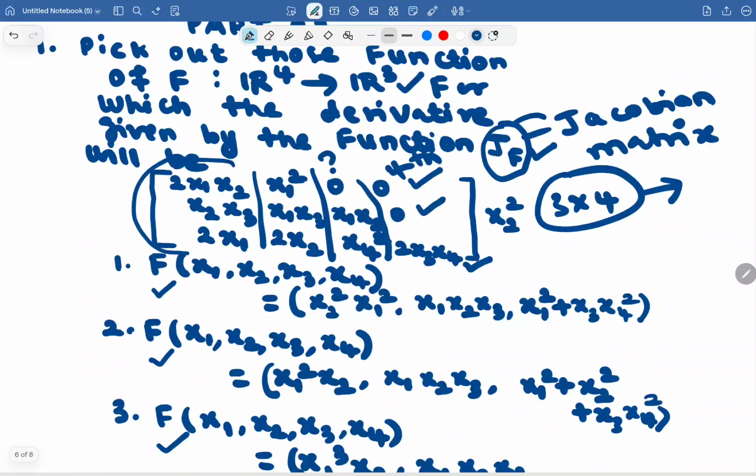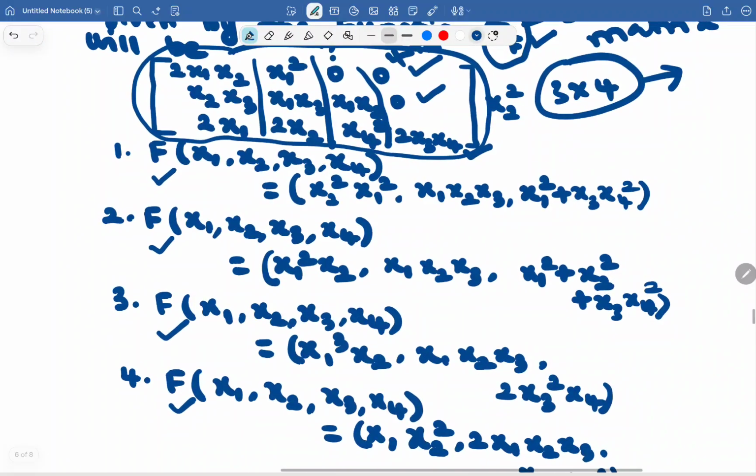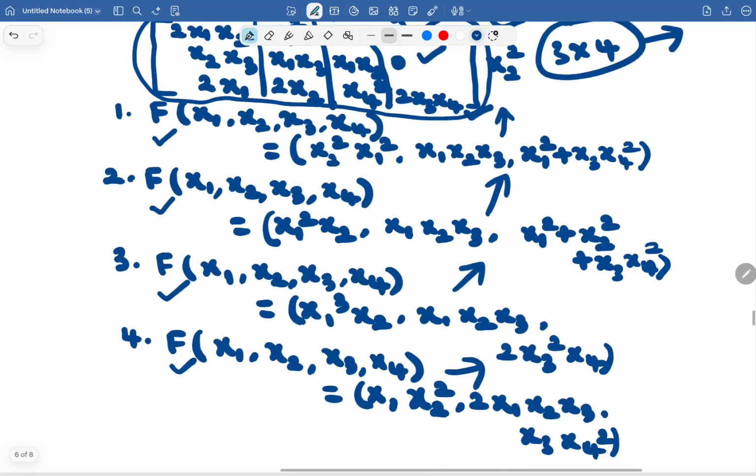It is given in the problem itself. We have to get this matrix from the four options. For the first option, if you get the Jacobian matrix like this, you may check it out. Again for the second option, again for the third, again for the fourth. Out of the 4 options, which option gives this Jacobian matrix. That's all.